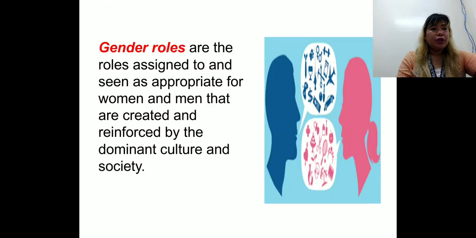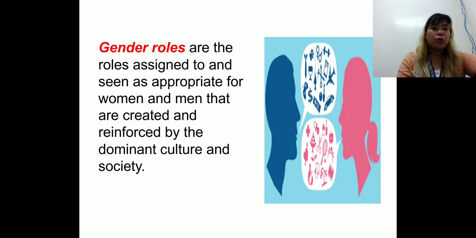Another term to understand is gender roles. Gender roles are the roles assigned to and seen as appropriate for women and men that are created and reinforced by the dominant culture and society. So, for example, men are perceived to be or should be wearing blue colors.